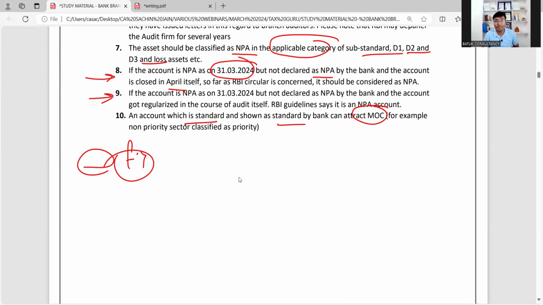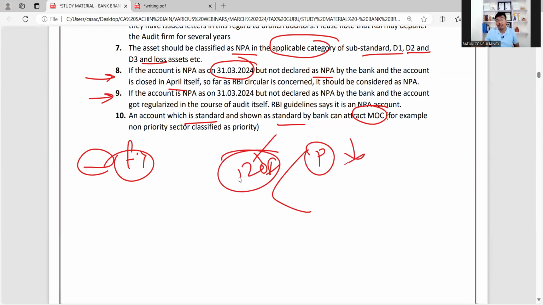In that case, MOC should be given for the classification part, and due to classification, the effect will be on account of rate of interest, because we all know in case of priority sector, the rate of interest will be on the lower side. In case of non-priority sector, the rate of interest will be on the higher side. That is the thing we need to know.